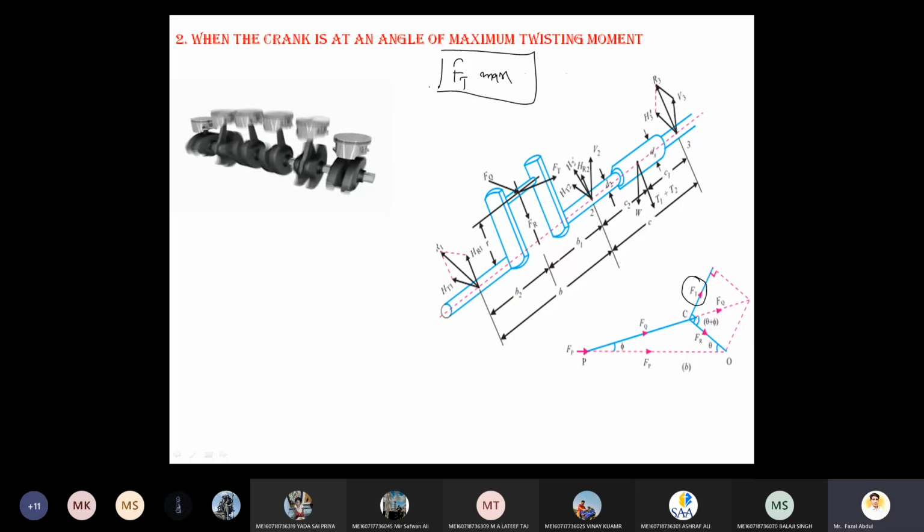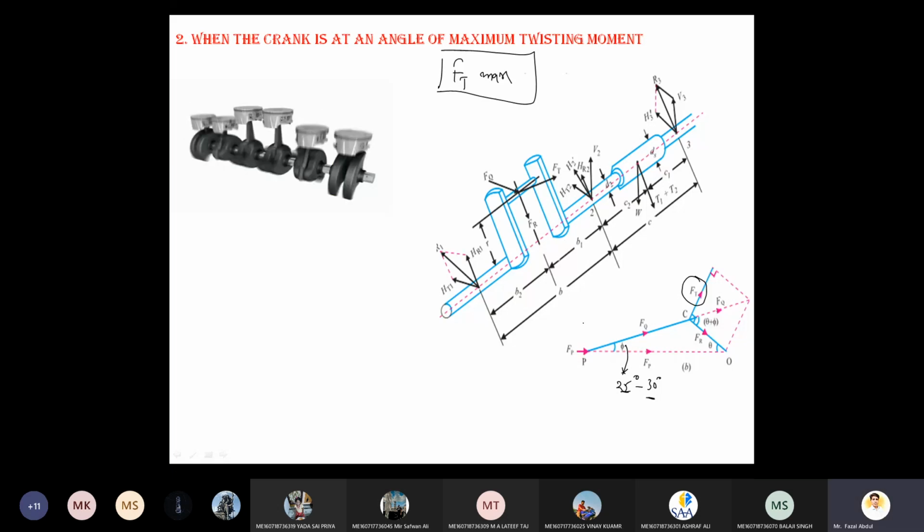The maximum value of the tangential force lies when the crank angle is 25 degrees to 30 degrees. So when the crank angle reaches this range, Ft lies at maximum from the dead center for a constant volume combustion engine.